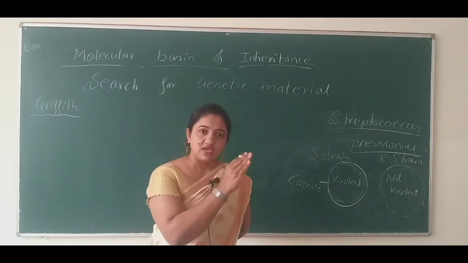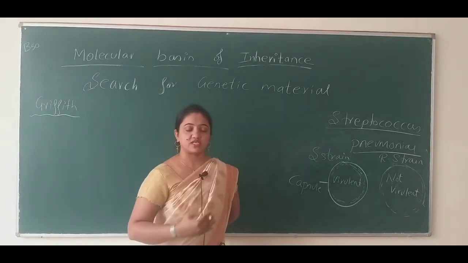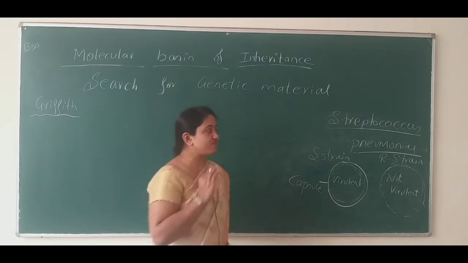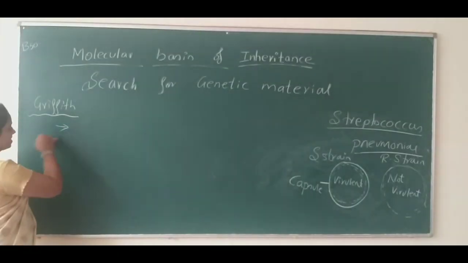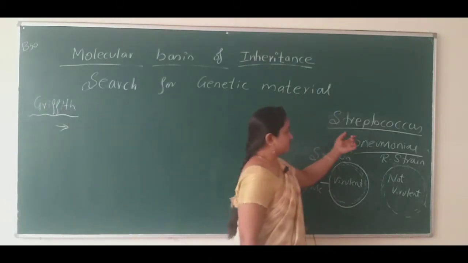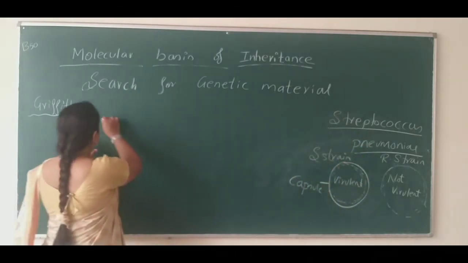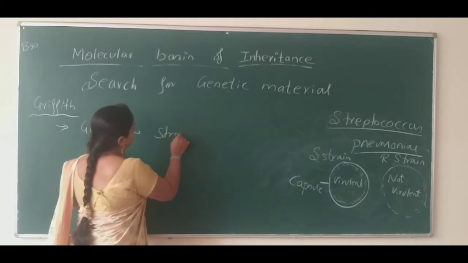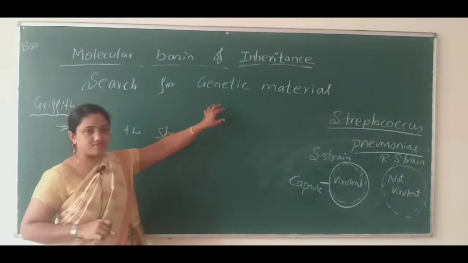In his laboratory he did a series of experiments, and out of that series, one experiment we are studying here, with this bacteria. The bacteria looks like this. The first thing he did was grow the Streptococcus. Don't forget what our aim here is: we are going to search for the genetic material.